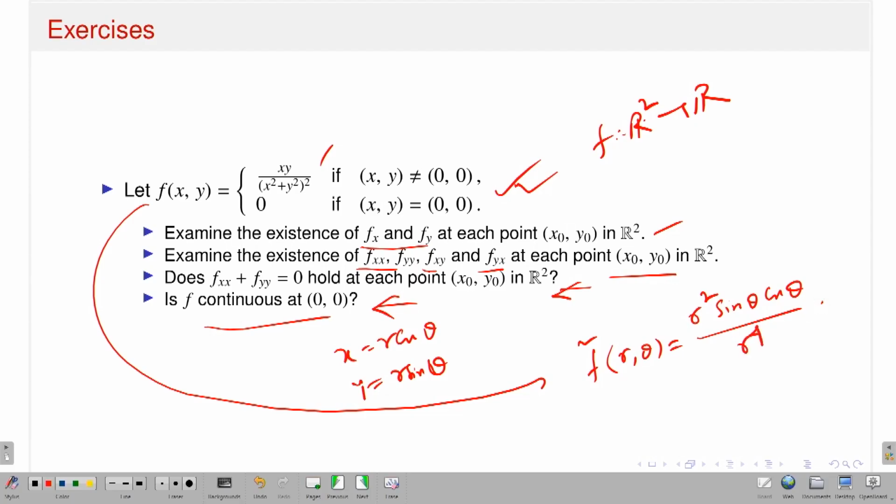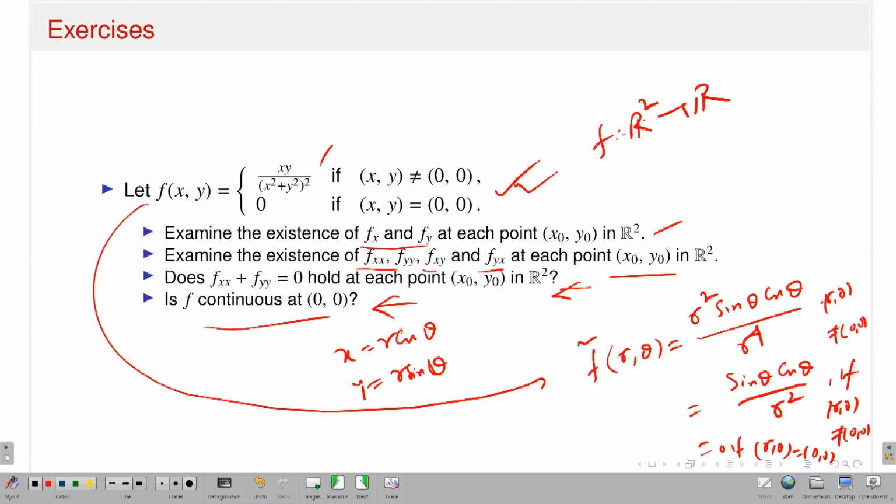If xy is non-zero, that means r and theta are non-zero. And what is this? One r gets cancelled. So this should be sine theta times cosine theta divided by r square if r, theta is non-zero. And of course if r, theta is 0, 0, that value is 0. So this is 0 if r, theta is 0, 0.